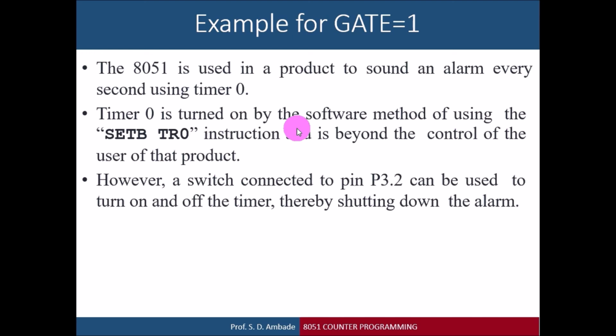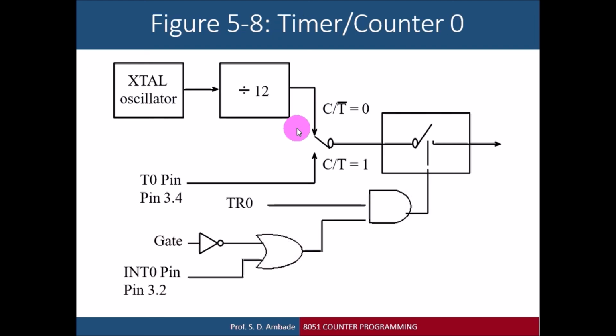Timer 0 is turned on by the software method of using the SETB TR0 instruction and is beyond the control of the user of that product. However, a switch connected to pin P3.2 can be used to turn the timer on and off, thereby shutting down the alarm. This is the figure when GATE is equal to 1.